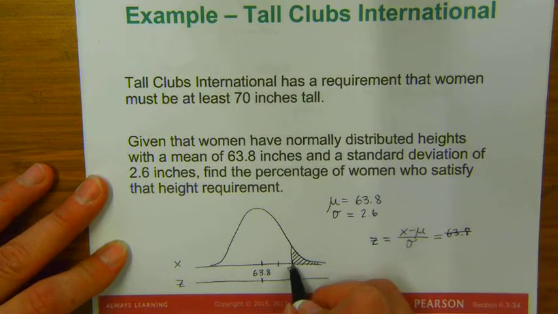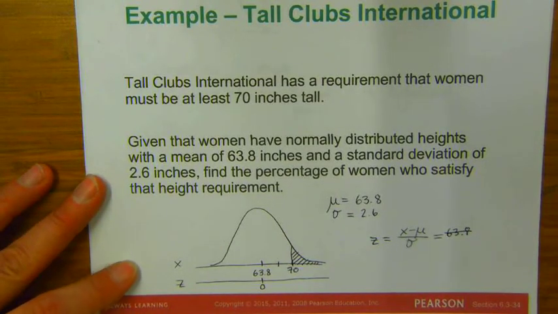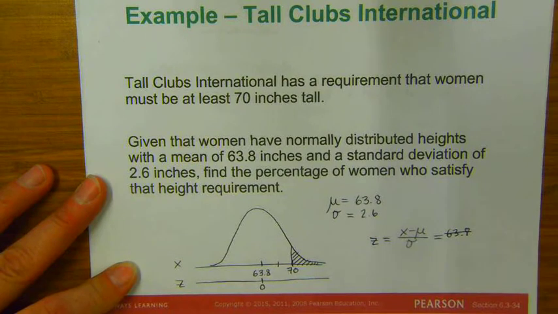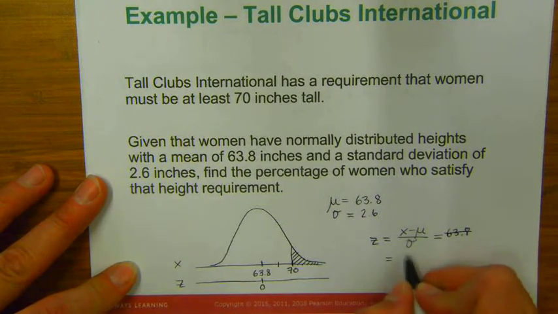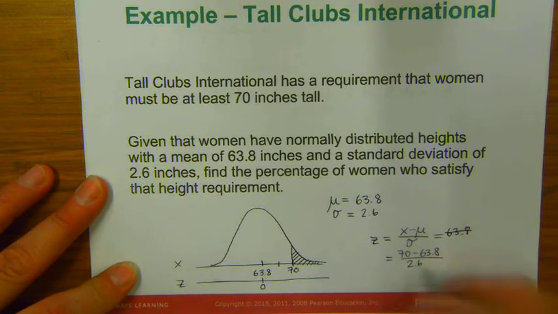We're trying to convert this one, so we're going to plug in 70 for x. We're going to subtract the mean, 63.8, and divide by the standard deviation.